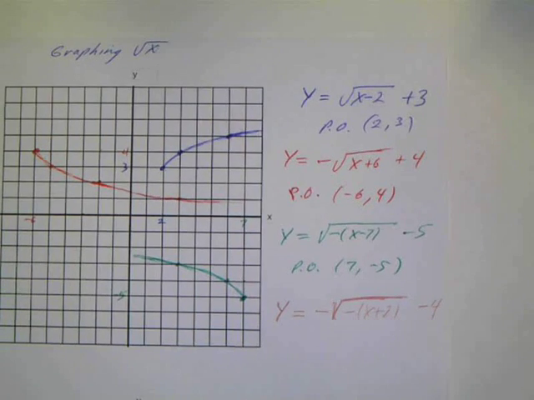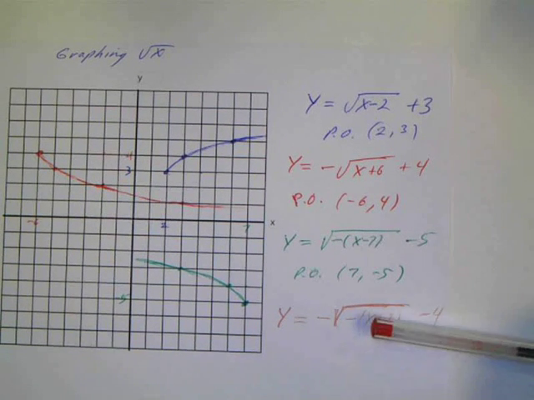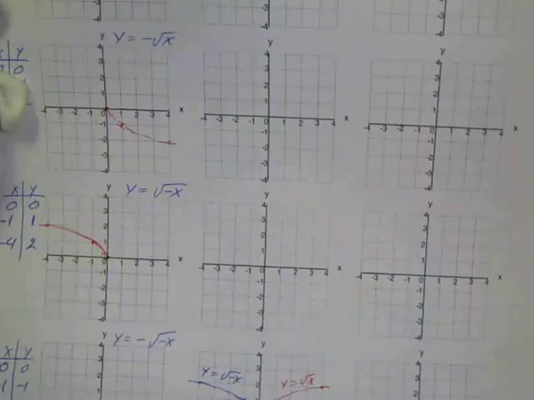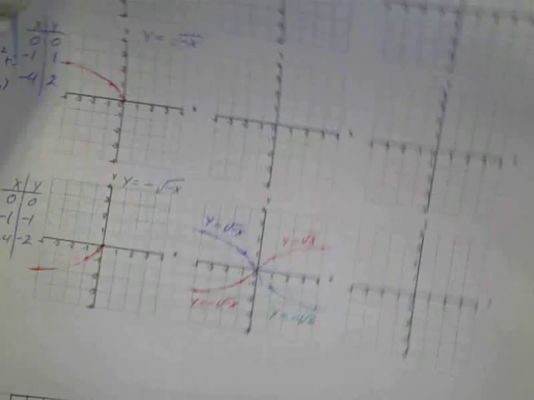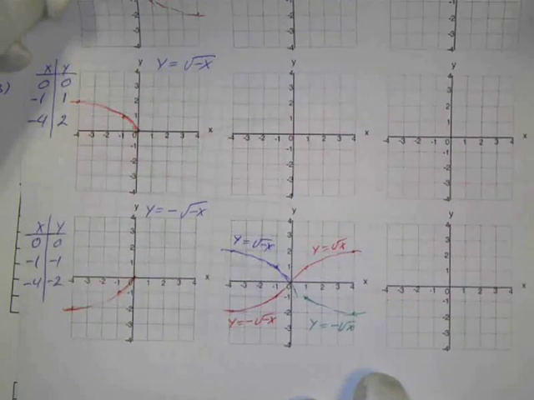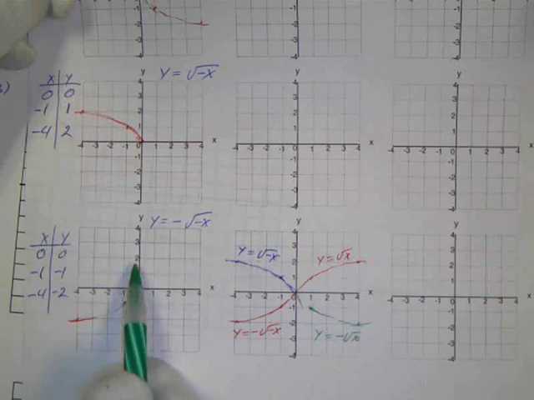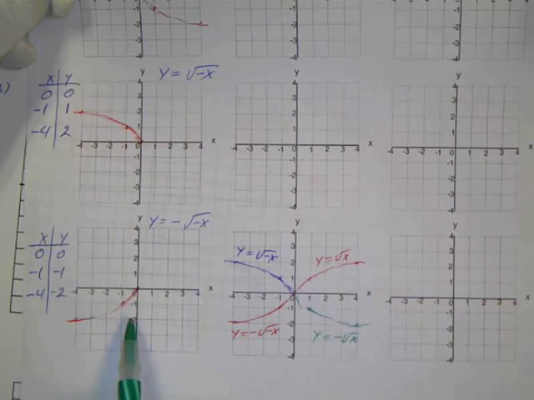Okay? And if I cover up my shifts, this looks like negative the square root of negative x, and that was our fourth basic form over here, this one here. Oops, there it is. And this was just reflected about the x-axis from this graph.